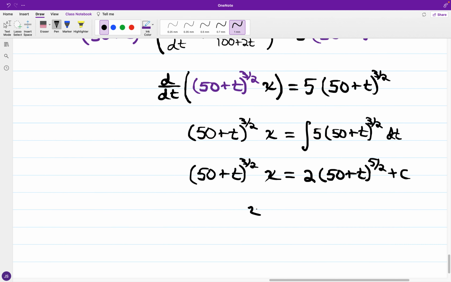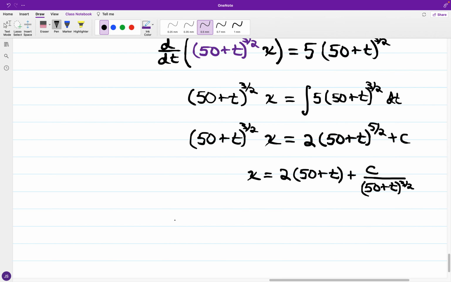and isolating x, once I divide by 50 plus t to the 3 halves, we have 2 times the quantity of 50 plus t, and by then, this is going to be a first order, and we say we have plus c divided by the quantity of 50 plus t to the 3 halves.